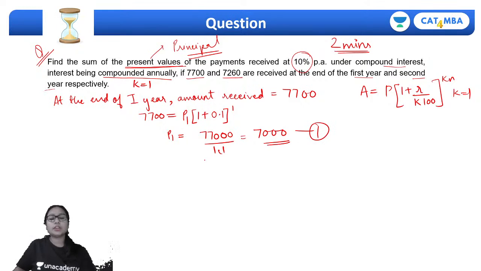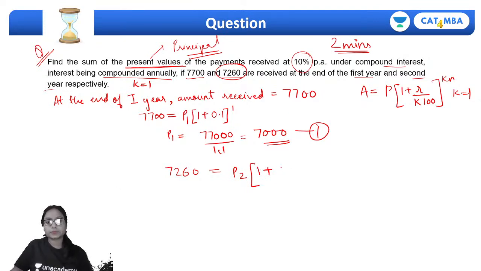Now let us find the value of second principal. So at the end of second year, the amount received is 7260. So this would be 7260 is equal to P2 into (1 plus rate of interest), again 10, so 0.1, raised to the power of 2, because this is the end of second year.